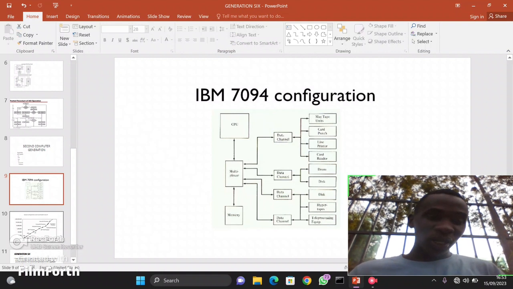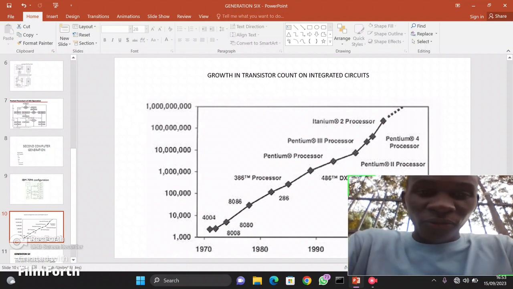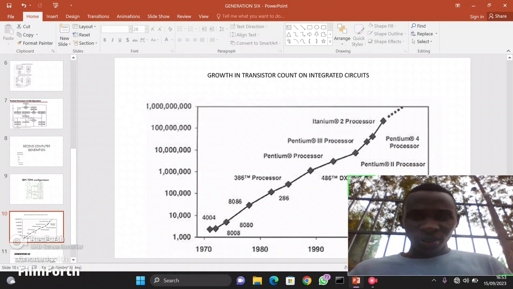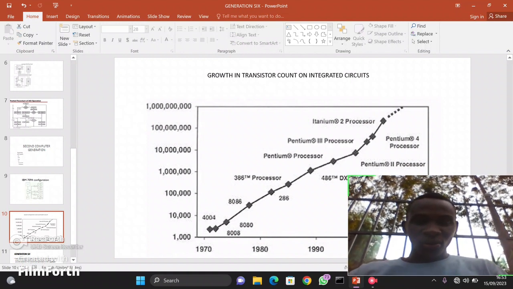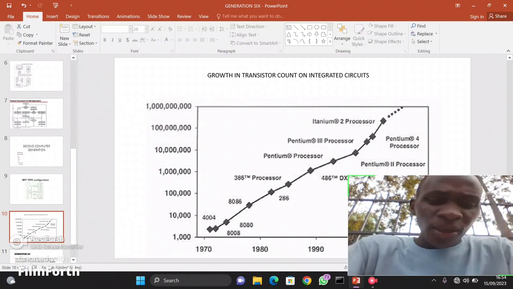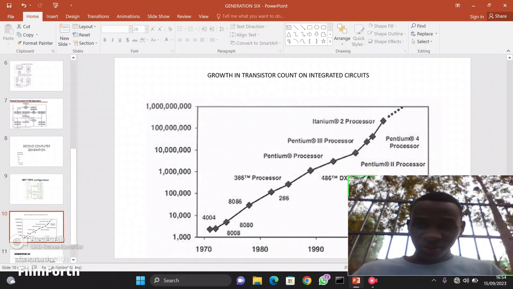We have a graph that we can use to illustrate the law, this one, and we can say that the graph is of growth in transistor count on integrated circuits. You can see on the vertical axis we have the transistor count, though not labeled.